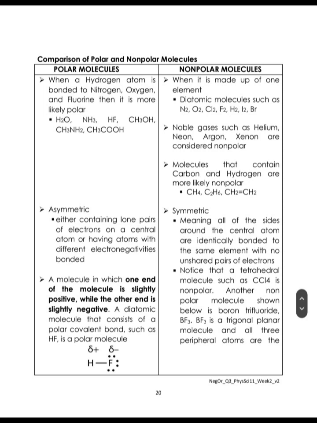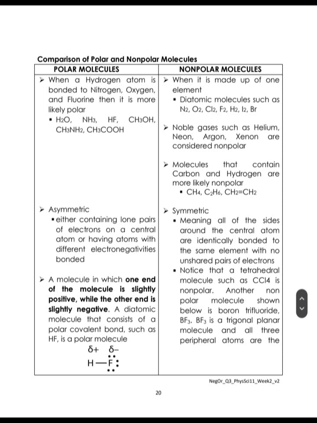Polar molecules are also molecules in which one end is slightly positive while the other end is slightly negative. A diatomic molecule that consists of a polar covalent bond, such as HF, is a polar molecule.